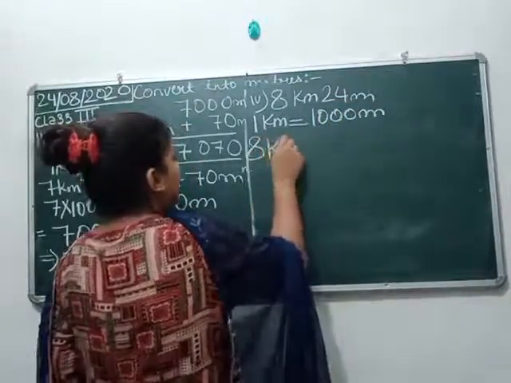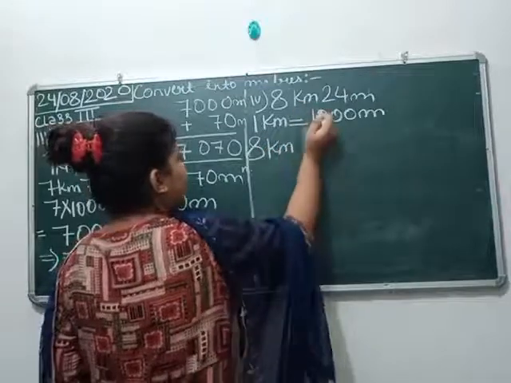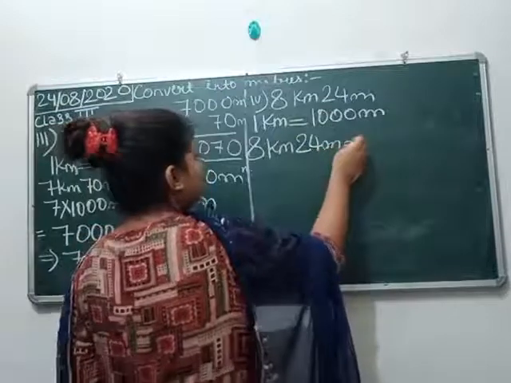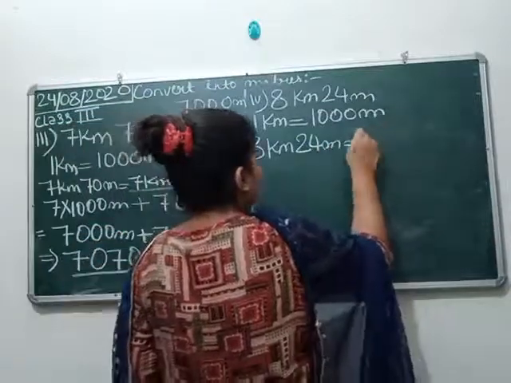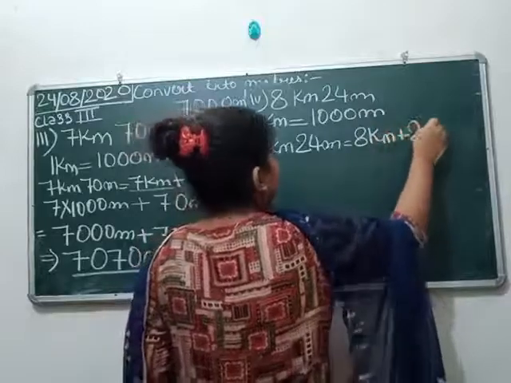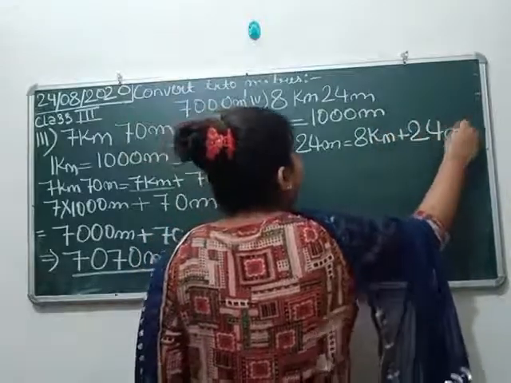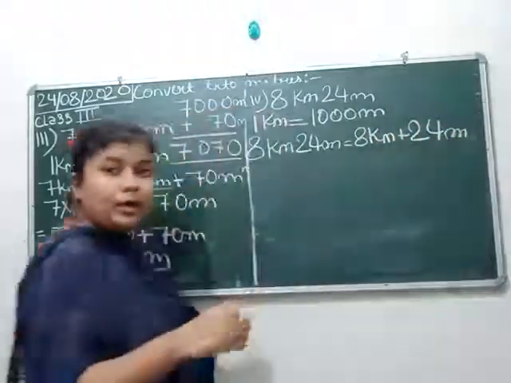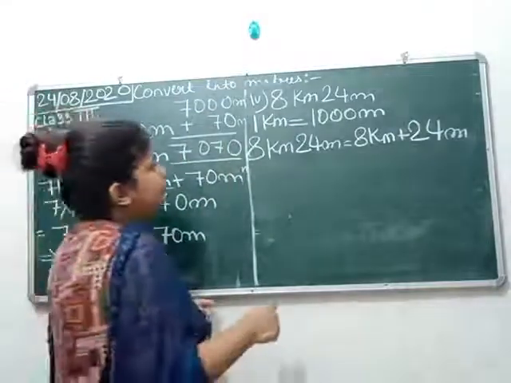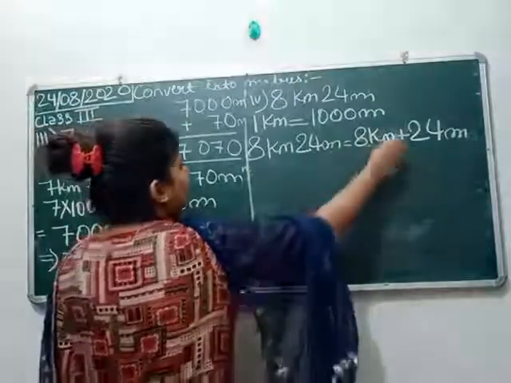Now, 8 kilometer 24 meter equals to 8 kilometer plus 24 meter. Okay, got it? Now, next we will convert this.